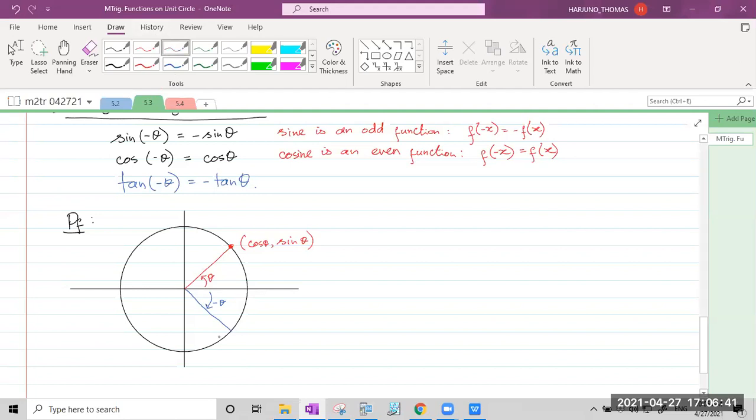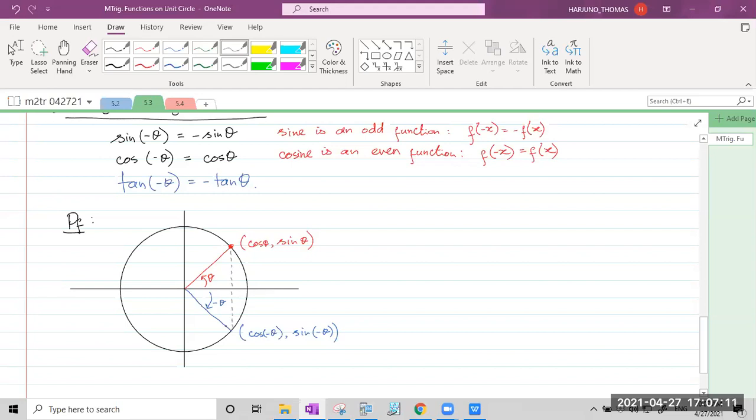Now we know the coordinate here will be cosine negative theta, sine negative theta. But if you compare the x component, if the theta goes in the opposite direction, you see the x component will be the same, right?